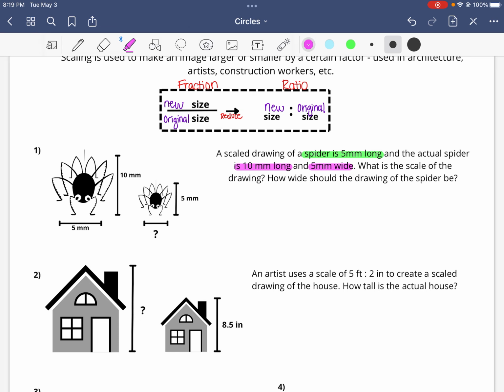So right here I have my two spiders, and to use this formula, I need to know which one's the new one and which one's the original one, okay? My scaled one is a spider that's 5 millimeters long. This one's 10, this one's 5. So that means that my drawing is technically the new one, right? It's the one we created. And this other one is the original. This is the actual spider, okay?